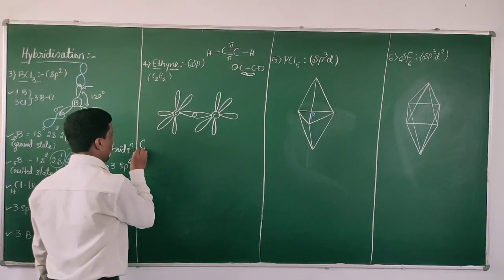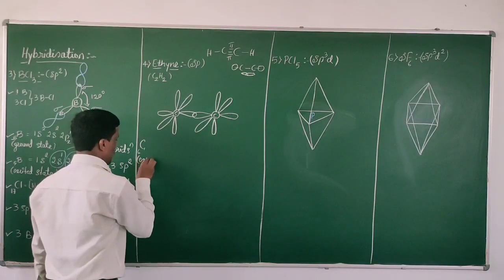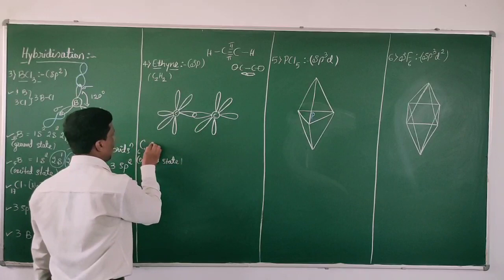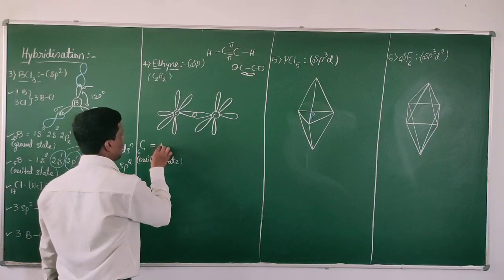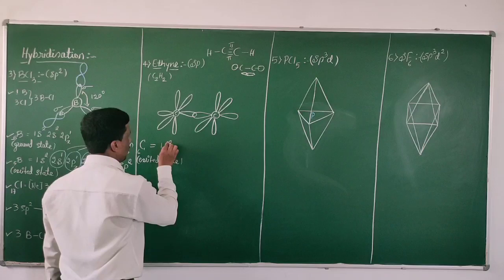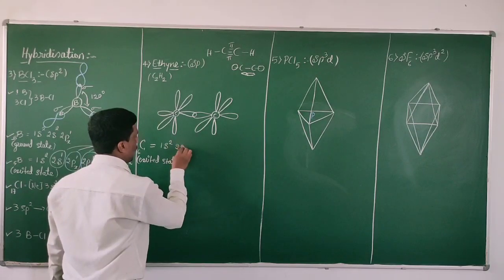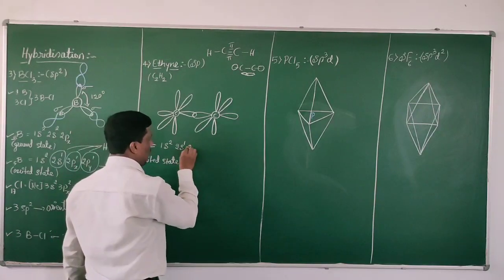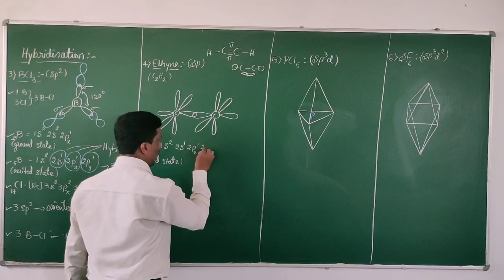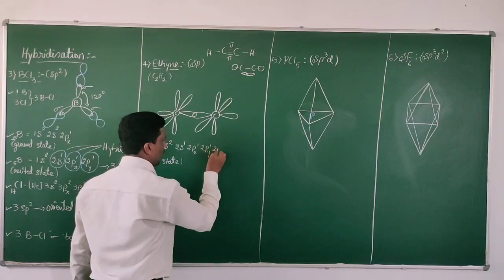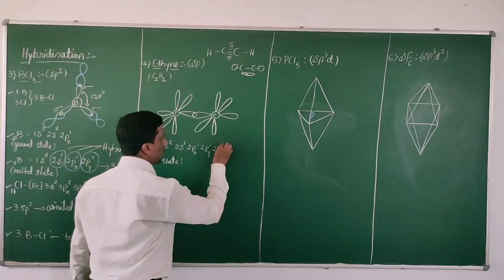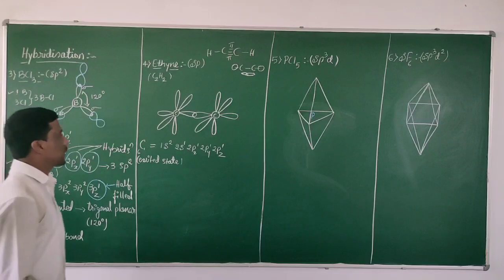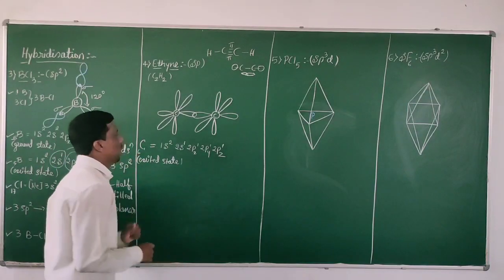Carbon excited state configuration, that is 1s2, 2s1. ಇಲ್ಲಿ ಒಂದು ಎಲೆಕ್ಟ್ರಾನ್ p ಹೋಗಿರ್ತದೆ, 2px1, 2py1, 2pz1. ಇದೆಲ್ಲಿಂದ ಬಂತು? ಈ s ಆರ್ಬಿಟಲ್ ಇಲ್ಲಿ ಒಂದು ಜಂಪ್ ಆಗಿದೆ. This is excited state electronic configuration for the carbon.